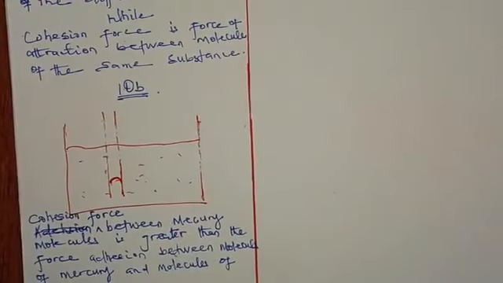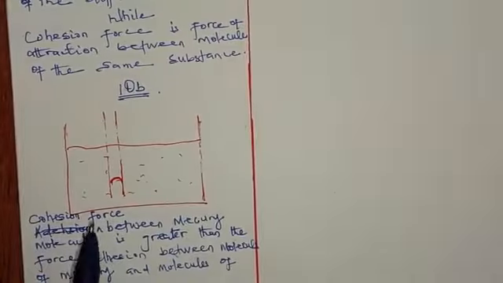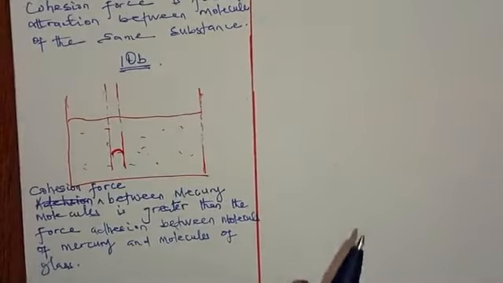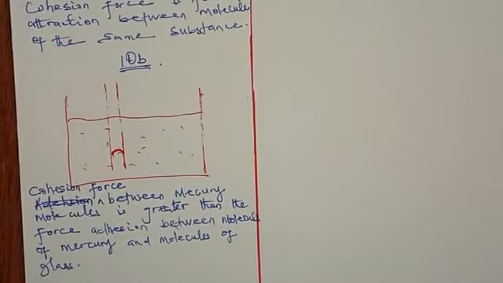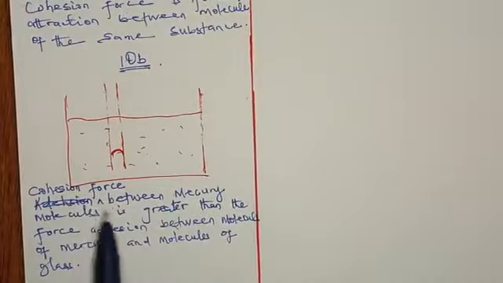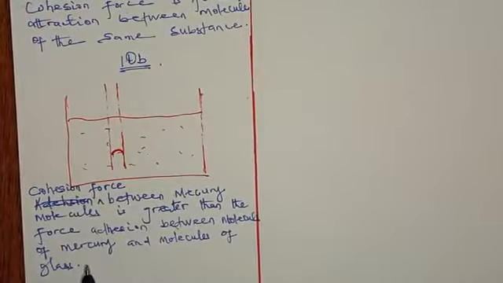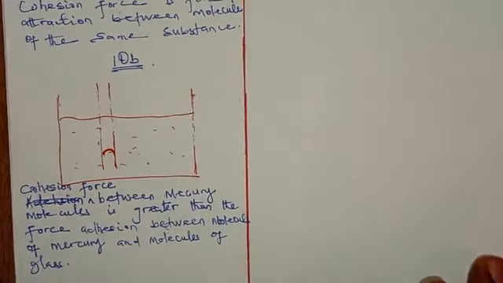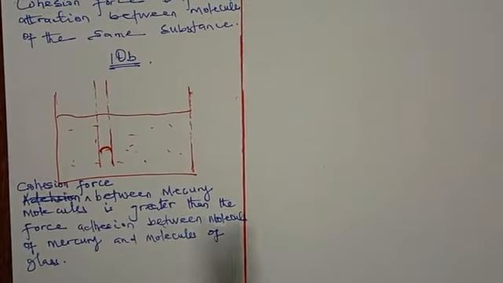So the cohesion force between molecules of mercury to mercury is greater than that between mercury molecules to glass molecules. So mercury tends to clinch together. So that is why it depresses. Is that understood? So cohesion force is greater than adhesion force. Also, in some questions, they might ask you why water wets glass and mercury does not wet glass. It's the same reason.